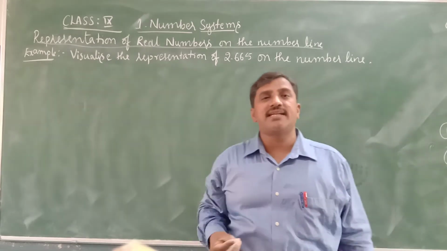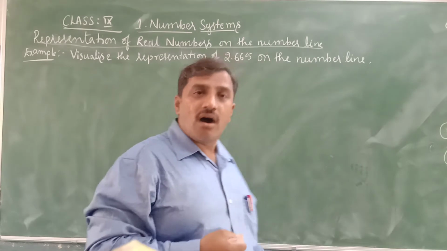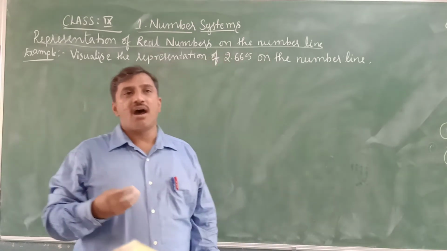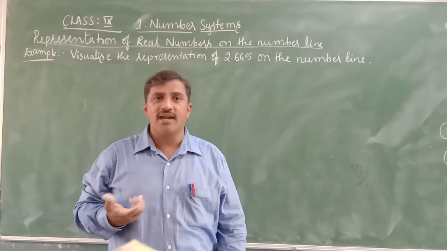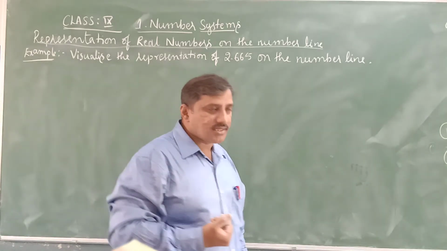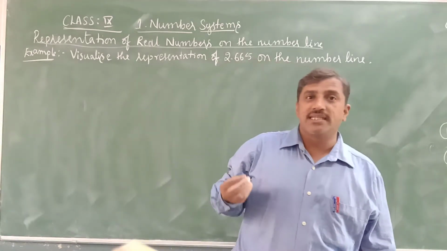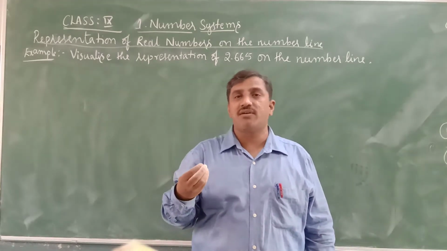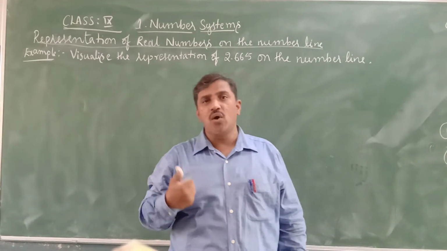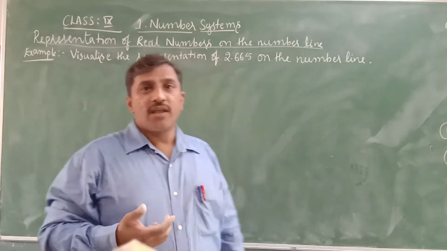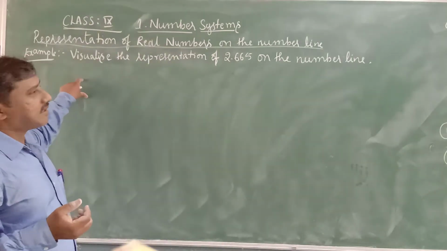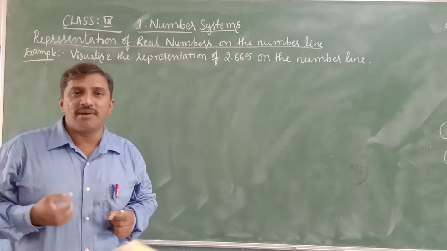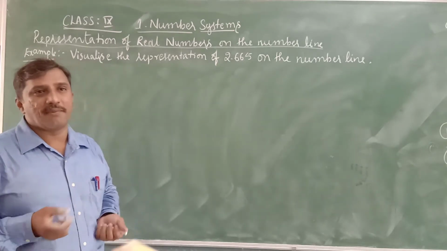How do we represent terminating decimals on the number line, and how do we represent non-terminating decimals on the number line? As we studied in the previous class, there are infinite numbers of rational numbers between any two rational numbers. Using that concept, we will represent the terminating and non-terminating recurring decimals on the number line with an example.